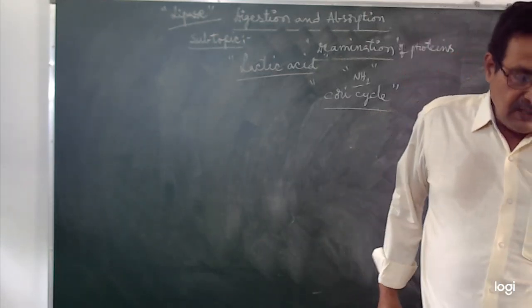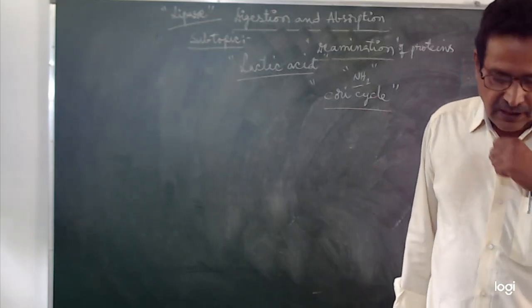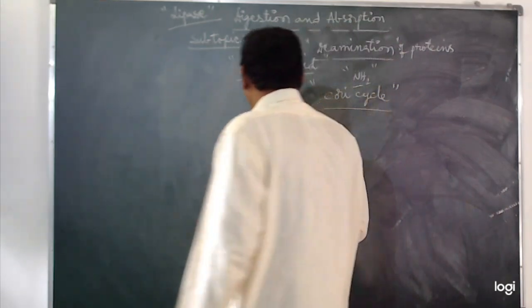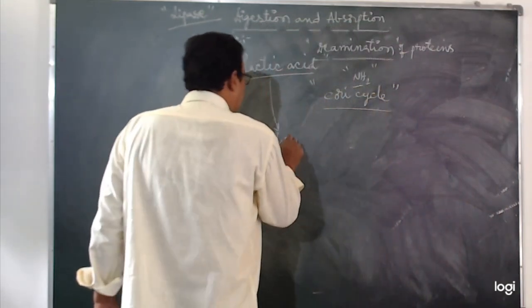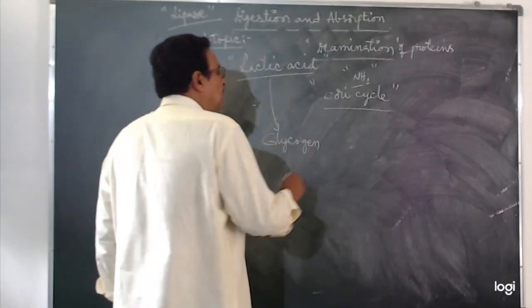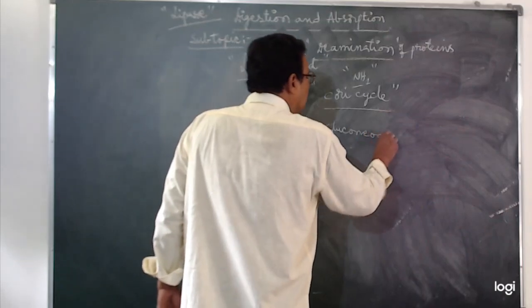So such lactic acid is converted to glycogen through a process called gluconeogenesis.